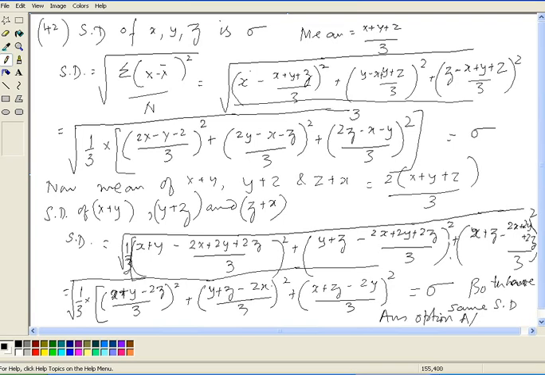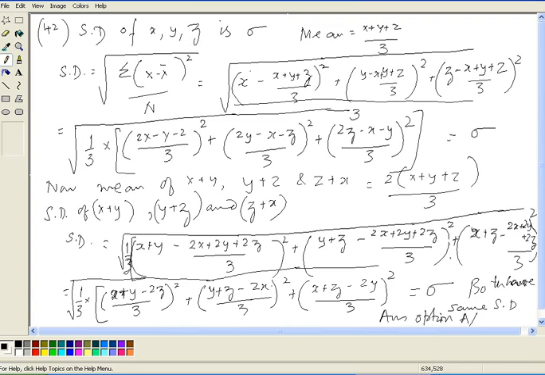Standard deviation of x plus y, y plus z, and z plus x. This set of variable observations would work out to be like this, and on simplification we get square root of 1 by 3 into x plus y minus 2z by 3 whole squared, etc. Since each expression is a square, whether it is x plus y minus 2z by 3 whole squared or 2z minus x minus y by 3 whole squared will be the same.